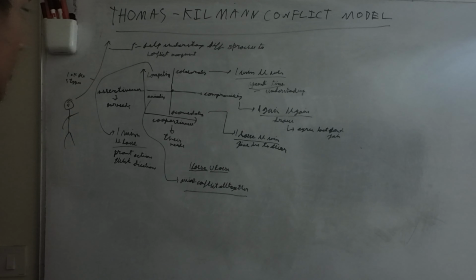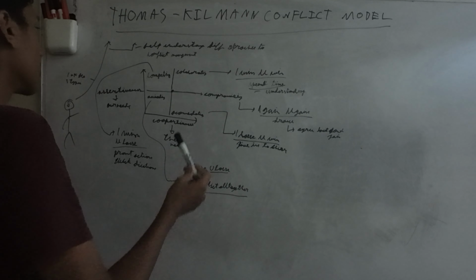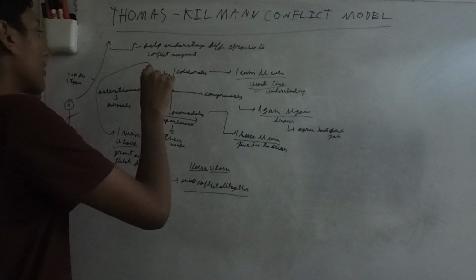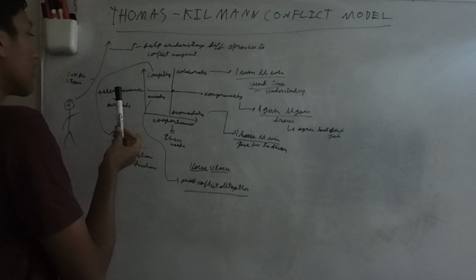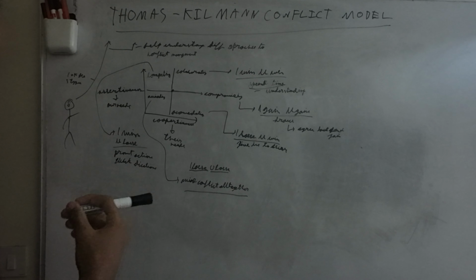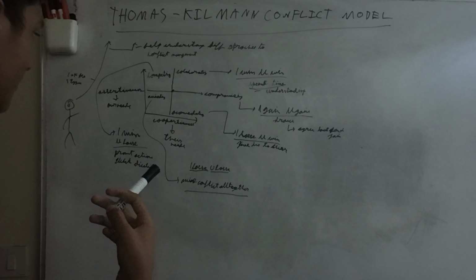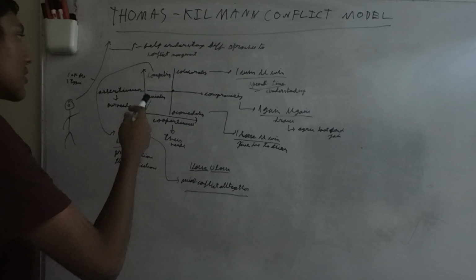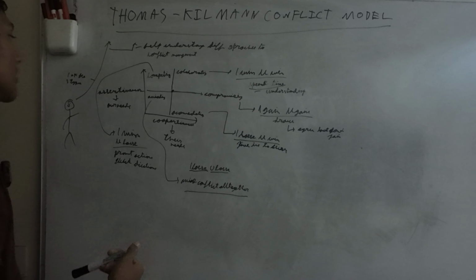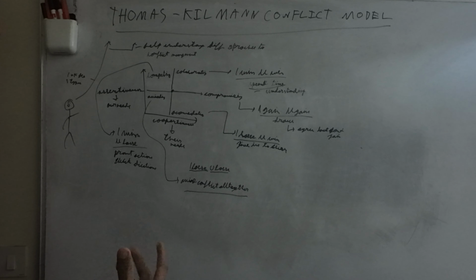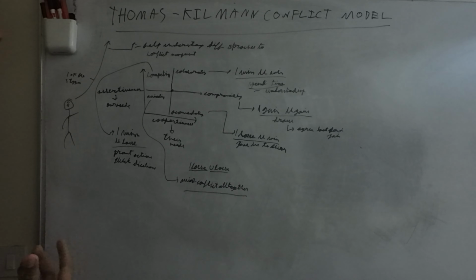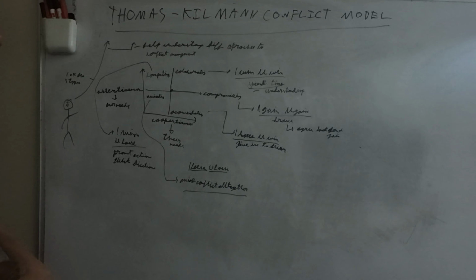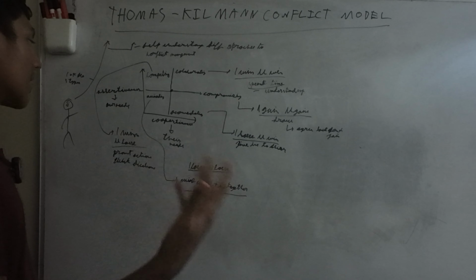cooperativeness. So the first one we're going to look at is competing, which is high on assertiveness and low on cooperativeness. What this basically means is an I win, you lose type of scenario. When doing this type of conflict management, you argue until you win for your needs, and they lose.